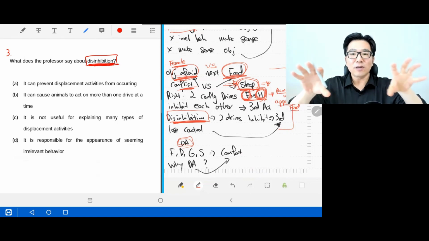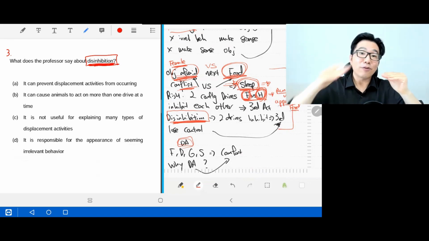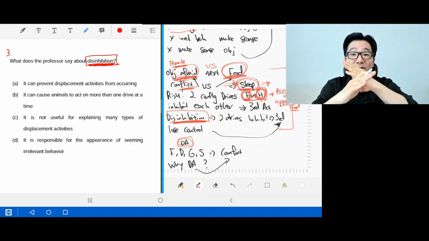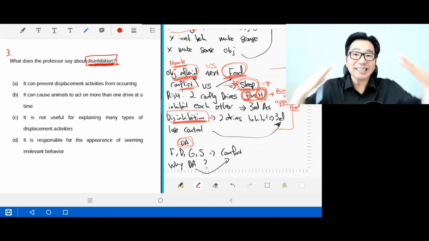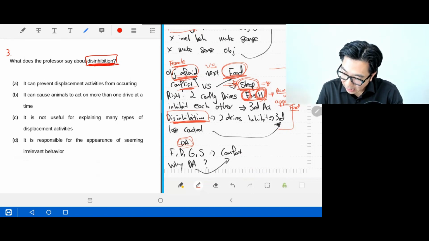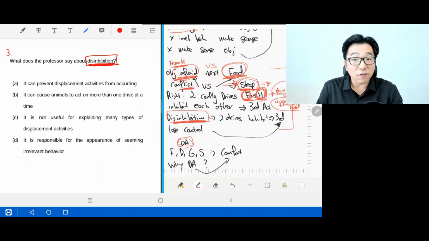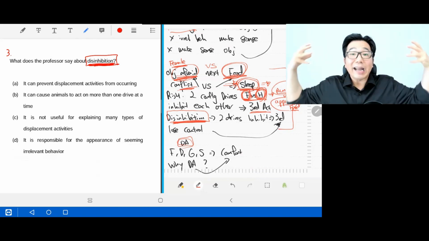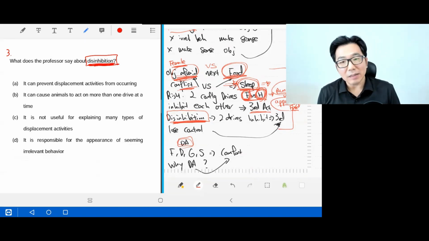So these two conflicting drives prevent the first or second action from happening. It prevents it. Okay. So that's why the animal can neither run away from the food nor approach the food, and ends up doing something completely irrelevant. A third drive arises and the animal starts sleeping.